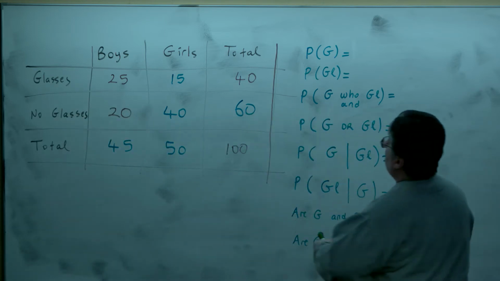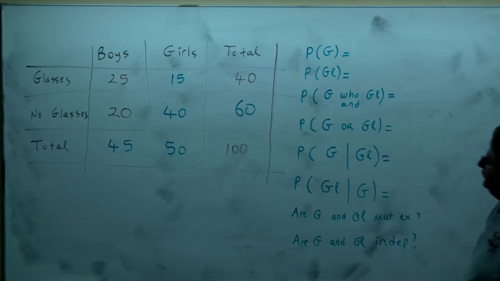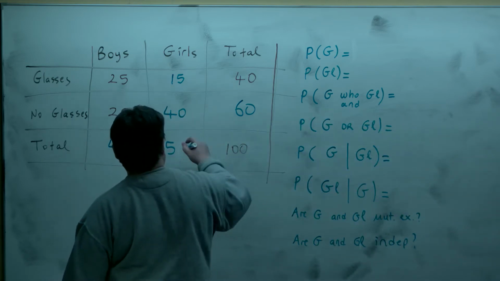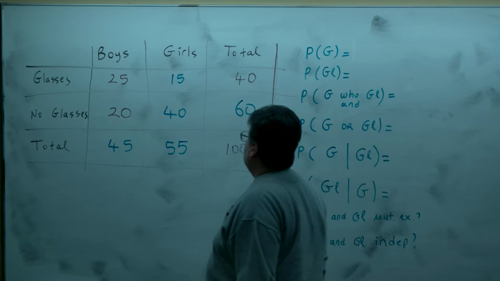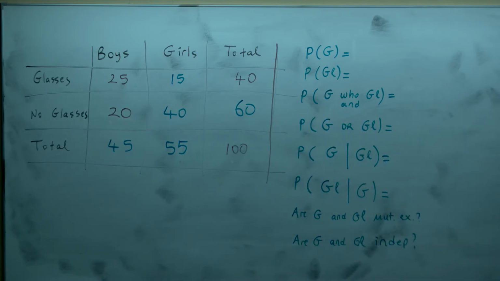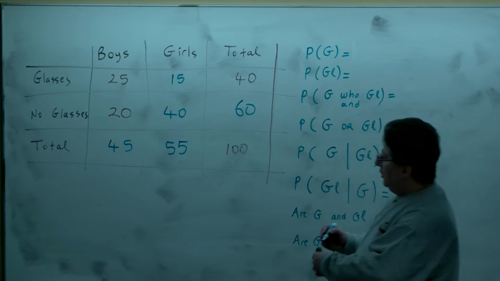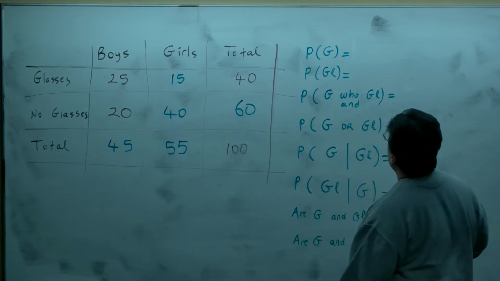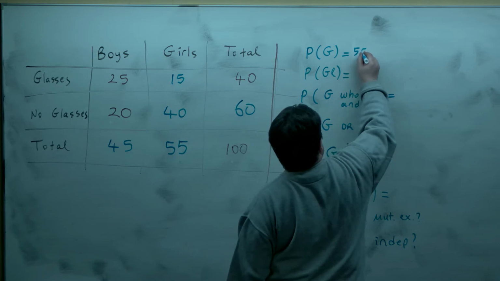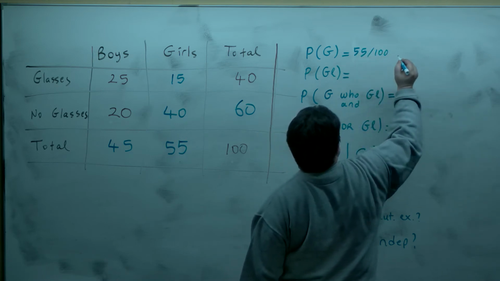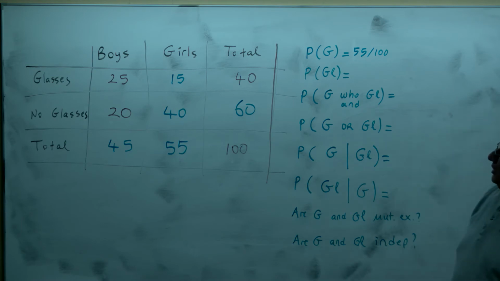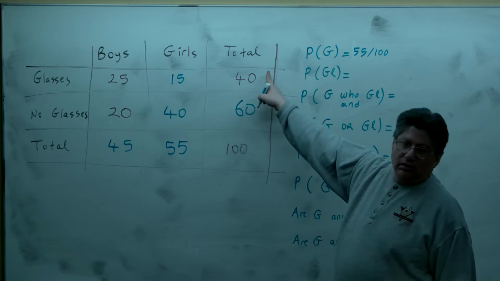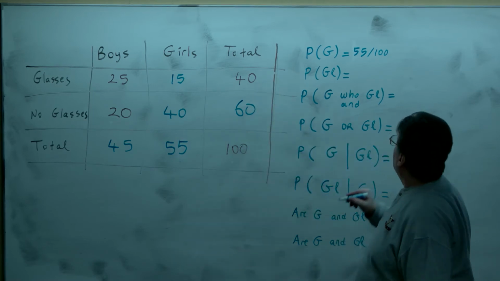Okay, what is the probability that a randomly selected student is a girl? You're interested in these out of the 100 people. Yep, 55 over 100. Now, what's the probability that a randomly selected student wears glasses? 40 over 100.